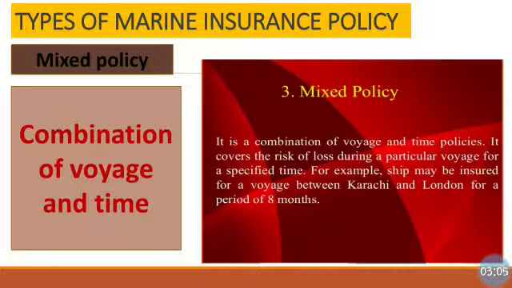For example, ship may be insured for a voyage between Karachi and London for a period of 8 months. So both the things are included here. Voyage and time. Karachi to London is one voyage, and 8 months is a time period.